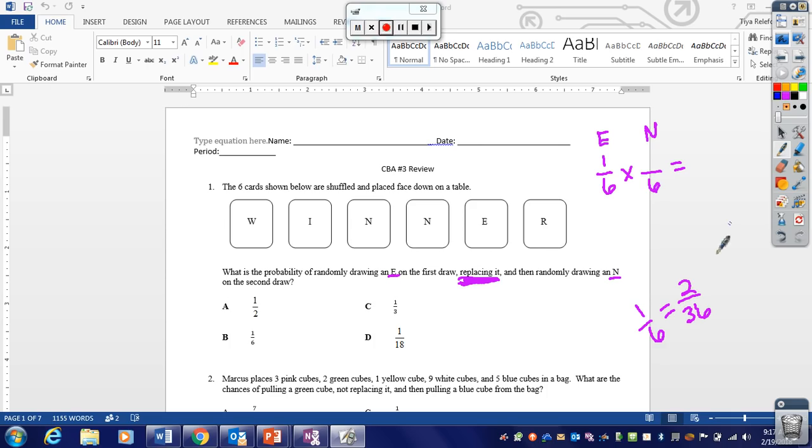If you cross product and your answer is the same, it's the right answer. So that means B is not your answer. Does that make sense? We talked about it in small group a couple times, but I know not everybody got to hear that. But top times top, bottom times bottom, and then simplify to find your answer.